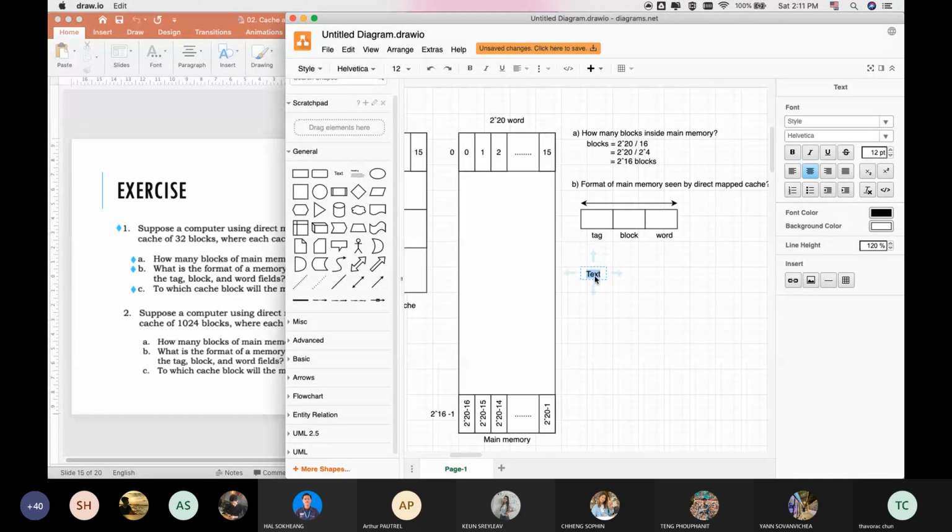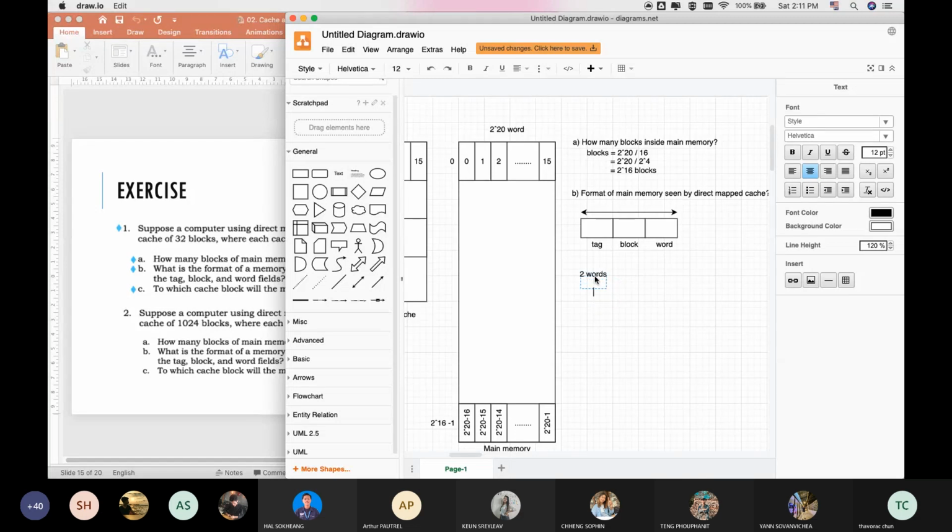If 2 power 20 is too big for you, imagine that our RAM only has 2 words. Let's say our memory only has 2 words. And if we ask the same question, how many bits do we need to encode these 2 words? The answer is 1 bit.